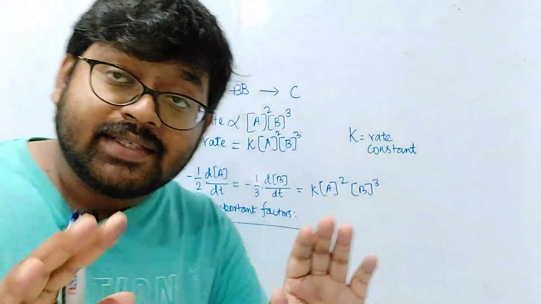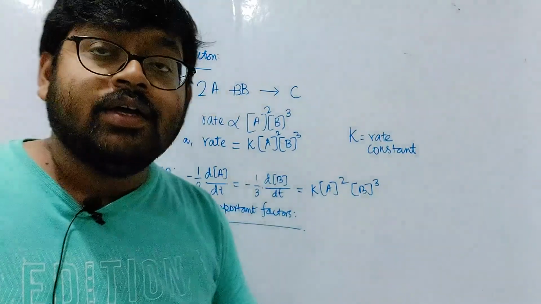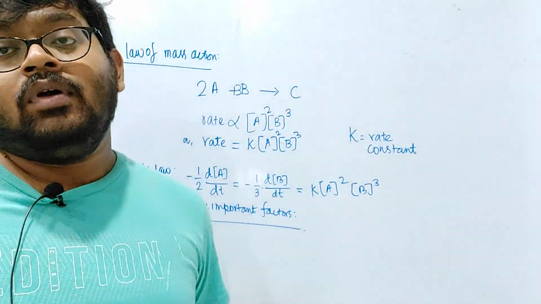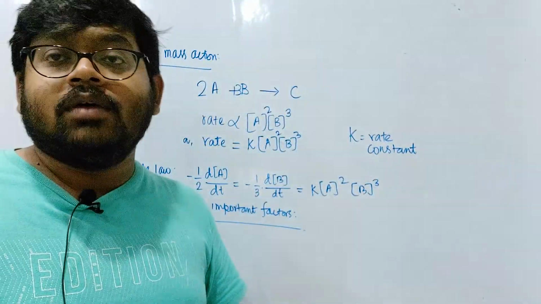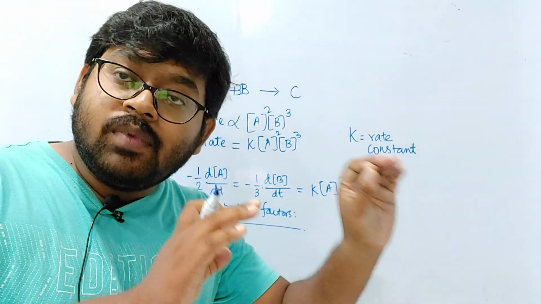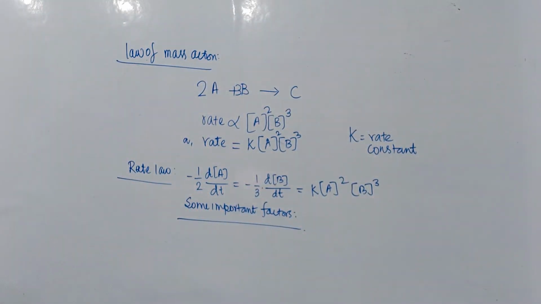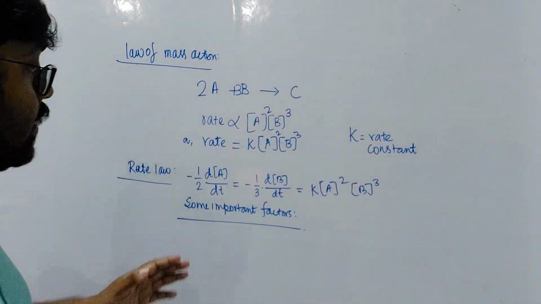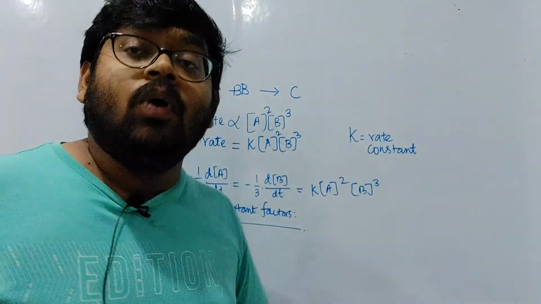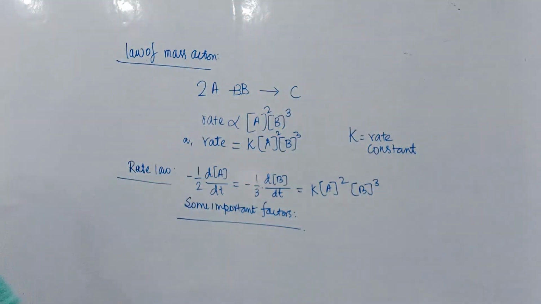So we can say that the thing that we have written here is theoretical, but actually the rate of a chemical reaction is an experimental factor. So it is quite obvious that every time you will not see that these things will be equal; they will not match. Let me give you an example.